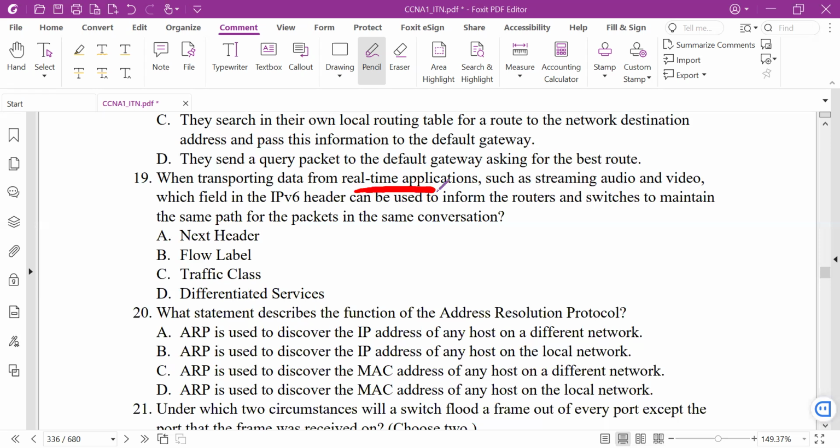Next: which field in the IPv6 header can be used to inform the routers and switches to maintain the same path for the packets in the same conversation? Quick answers. Which answer do you feel is correct for that one? I think I'll go with the flow label.